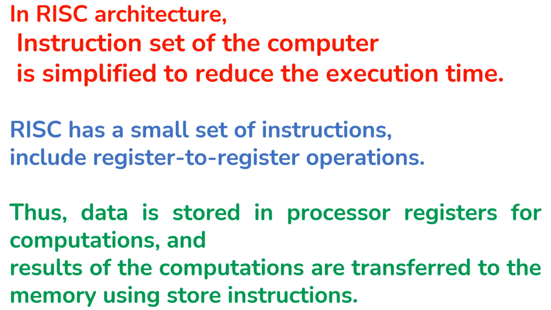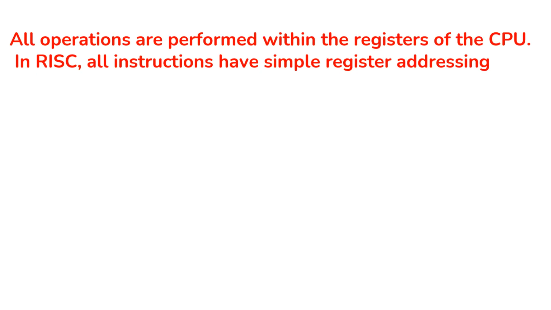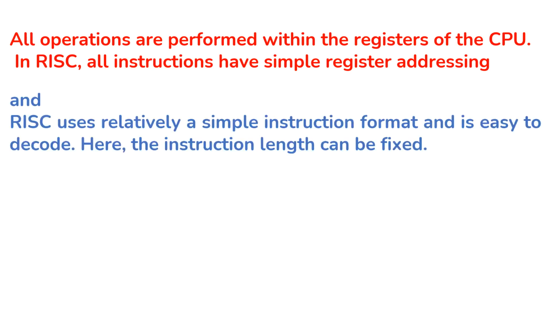For this, store instructions are used. With store instructions, the results are transferred to the memory. So all operations are done within the registers of the CPU. In RISC, all instructions have simple register addressing because these use registers.